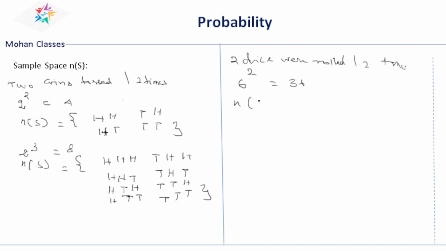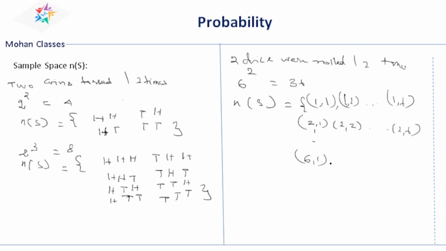So NS is equal to 36, and we have to write 1,1; 1,2; up to 1,6. Then 2,1; 2,2; up to 2,6. Like that, 6,1; 6,2; up to 6,6. Written out, you will get 6 into 6, 36 events.